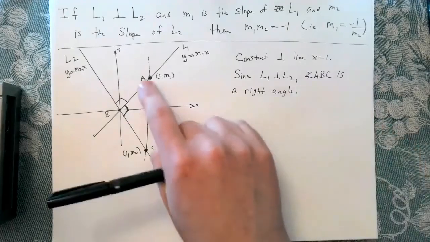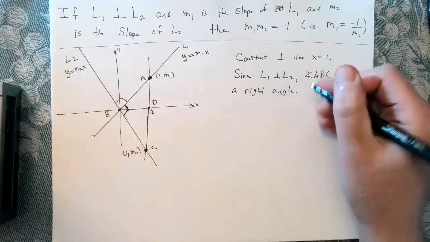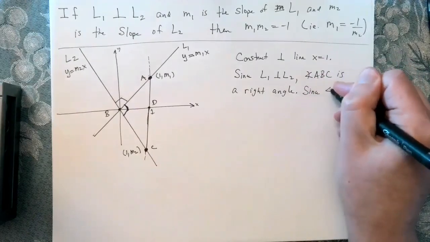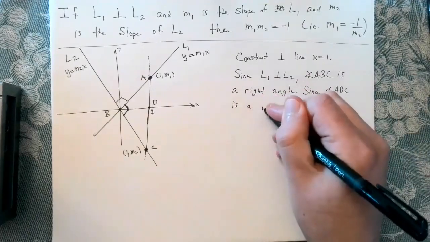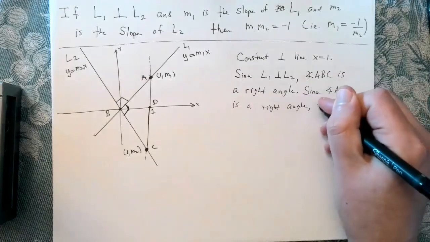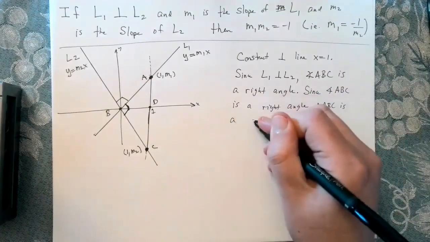Well, since this is a right angle, this triangle, ABC, must be a right triangle. So since angle ABC is a right angle, triangle ABC is a right triangle.